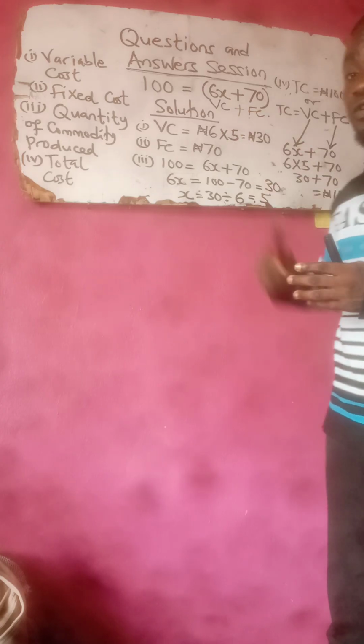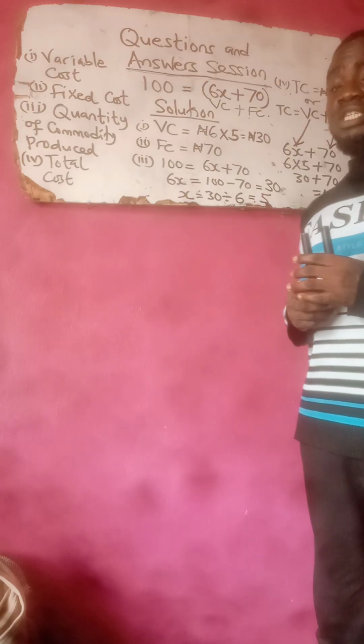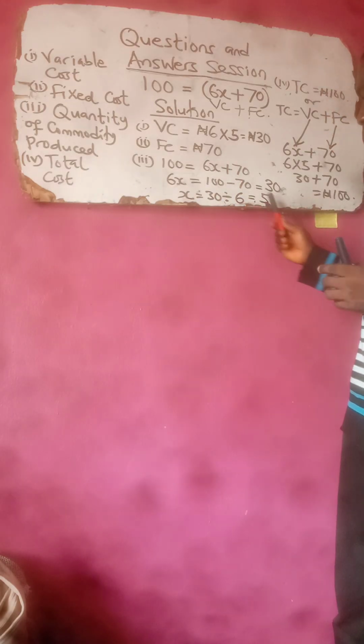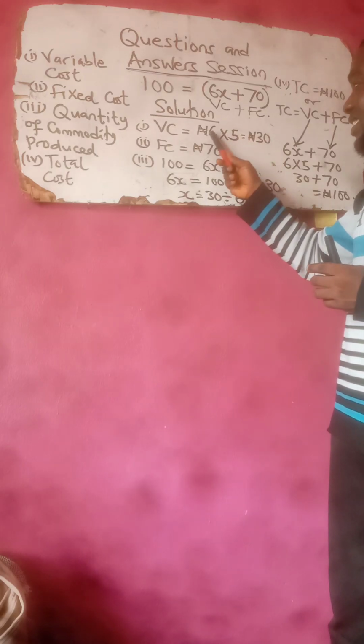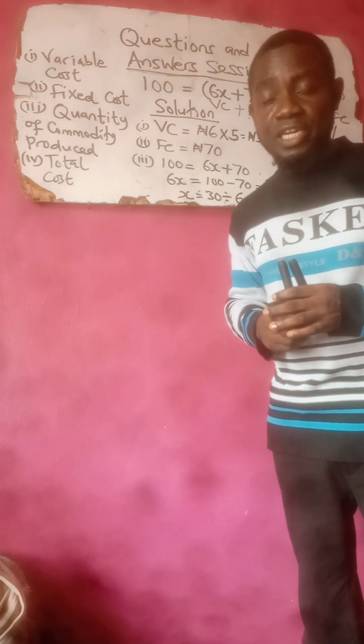The 6x stands for total variable cost. Therefore, the cost times the quantity of the commodity, which we have determined is 5, multiplied by 6 naira, we have 30 naira. So 30 naira stands for the variable cost.